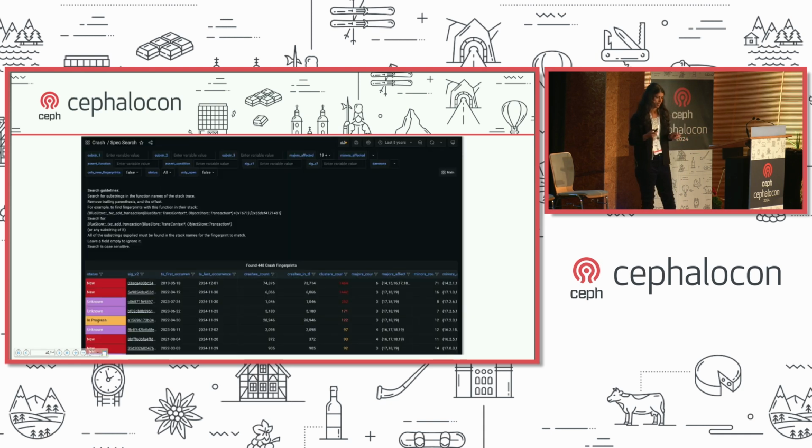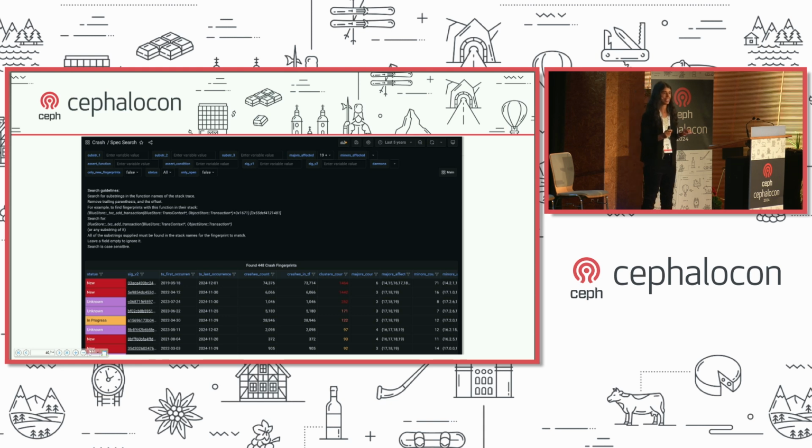So our dashboard, and unfortunately, it's not dynamic here, it's just a snapshot. But if you see the majors affected pull down is selected for 19. So we can see that so far there are about 450 crash fingerprints for just Squid.